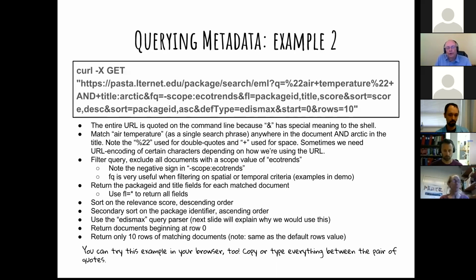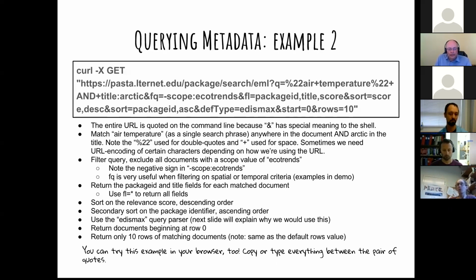Note that the score field is not metadata that we've indexed in Solr, but it's the relevance score, a floating point value that Solr/Lucene has dynamically calculated for each document based on how strong a match the document was to our search criteria. The higher the score, the stronger the match.